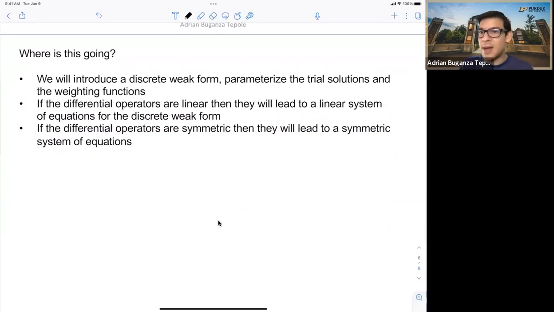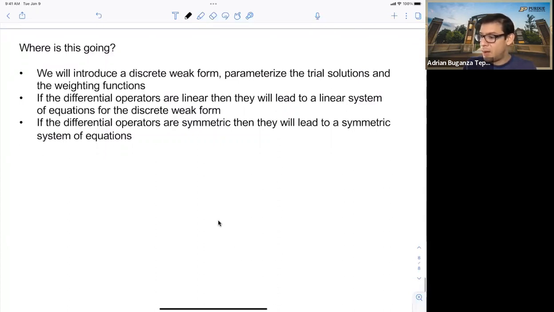I kind of alluded to the fact that these W functions are associated with the nodes, and we're going to find systematic ways in the next week of defining these weighting functions. And then because of the way these operators, like this PDE, appear, we're going to be able to put it into a system of equations. I think that's about it.